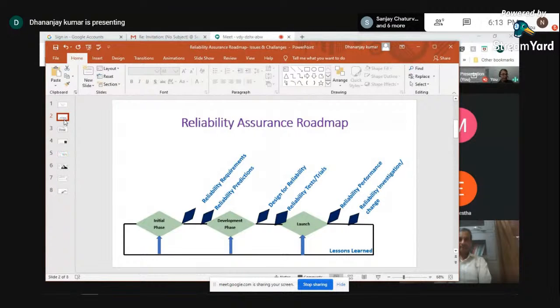If it is an iterative or evolutionary design from the previous generation to the next, depending on the changes, we define our tests or trials accordingly to build our confidence in the reliability of that system. Then it goes in an iterative process till we get good confidence, and then you launch your product or bring the system into operations.